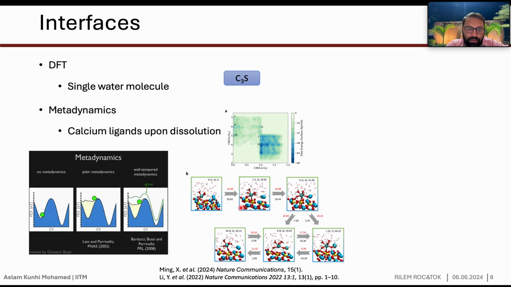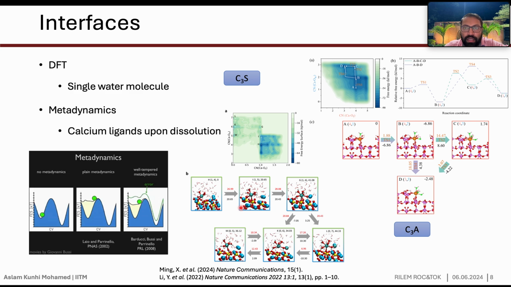From that, you can calculate the free energy surface of the system. They have applied this on C3S, looking at one calcium being dissolved, and similar calculations were also done on a C3A structure, where the calcium is again coming out of the surface.